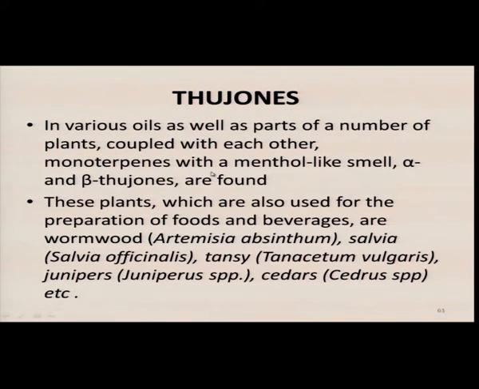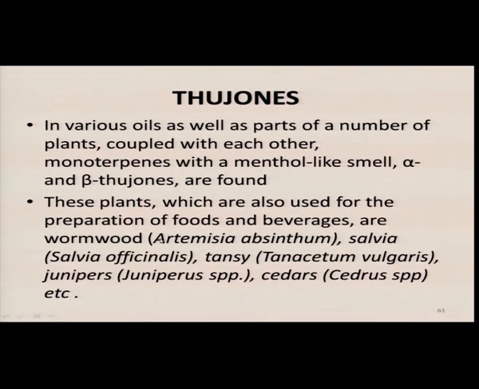The other well-known components which can cause poisoning are the thujones. These form a part of the essential oils present in various plants, and when monoterpenes with a menthol-like smell get coupled, alpha and beta thujones are formed. These plants are also used for preparation of food and beverages.